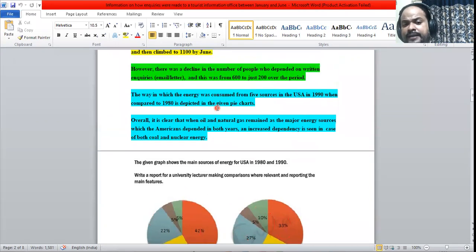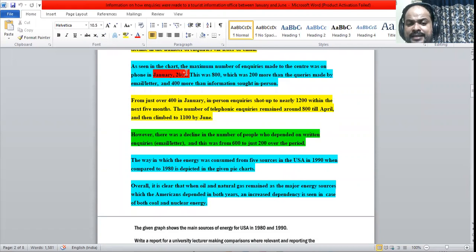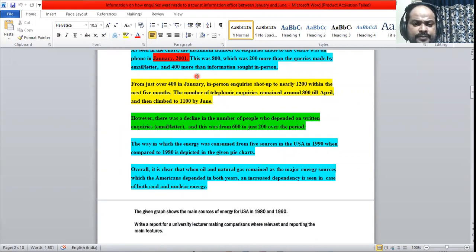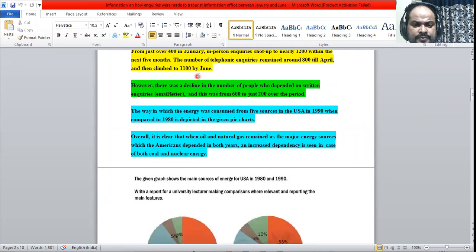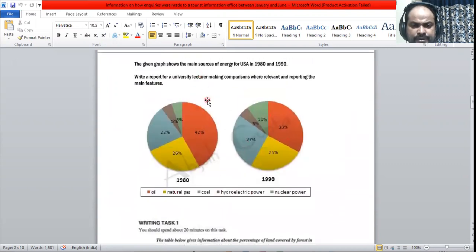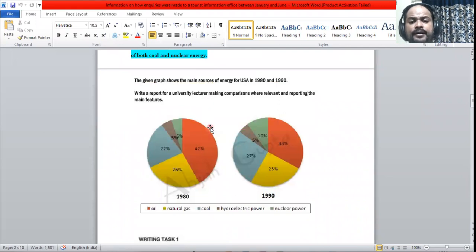Now, if I go into detail, the maximum energy used by the Americans in 1980 was from oil.